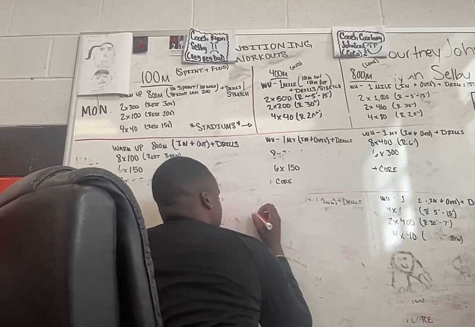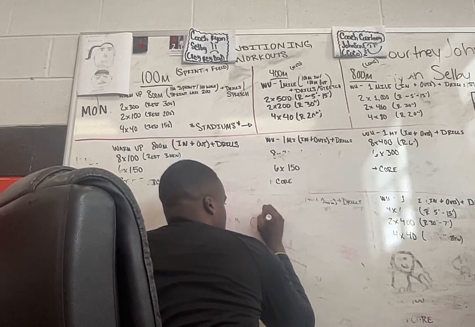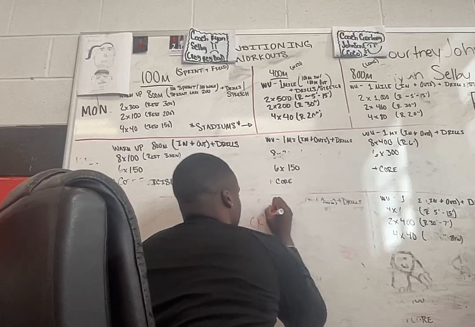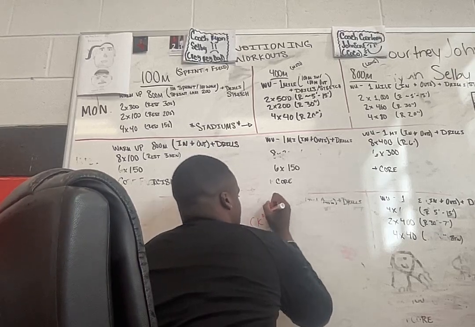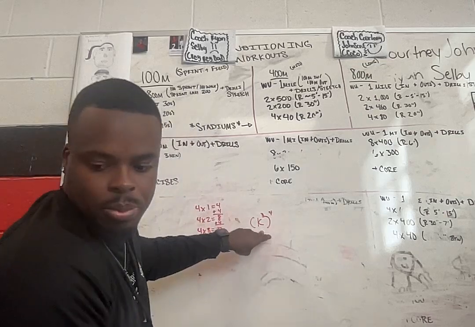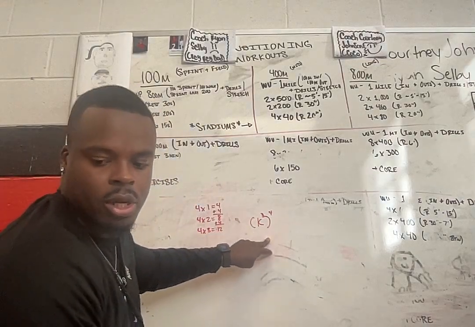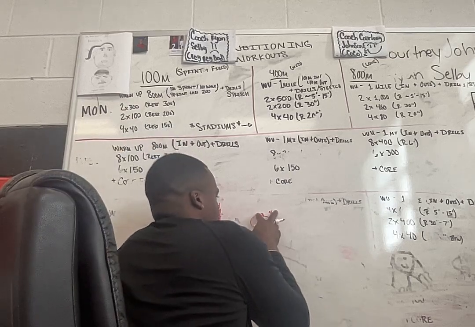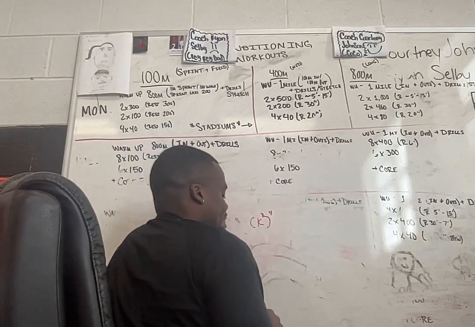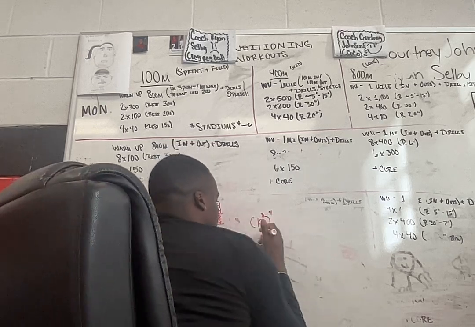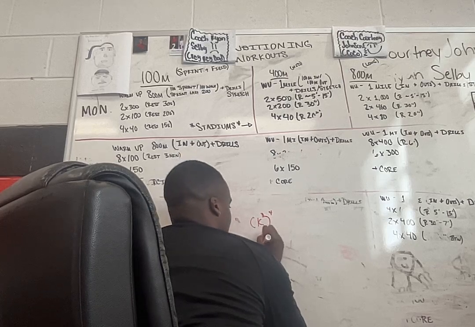So now we have parentheses. Anytime we see parentheses, that also means to do what? It means to multiply. Okay, right? So now we have exponents. The K is just the placeholder like we had before. Anytime we see these exponents, that means to multiply. So I'm going to bring my K down.